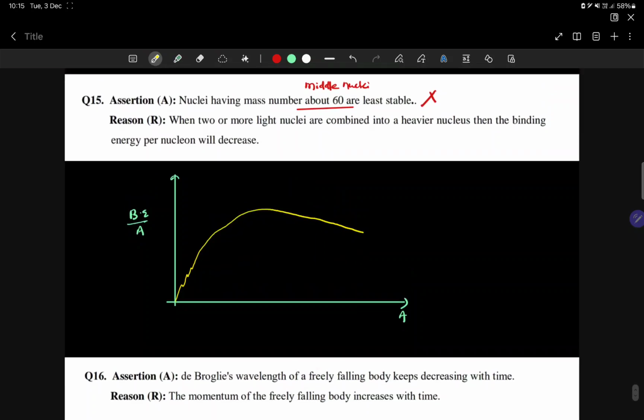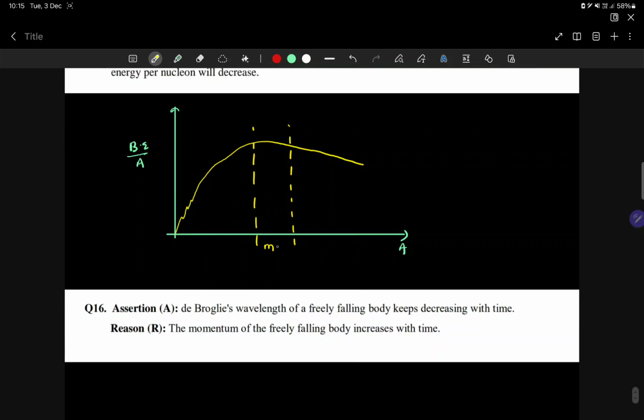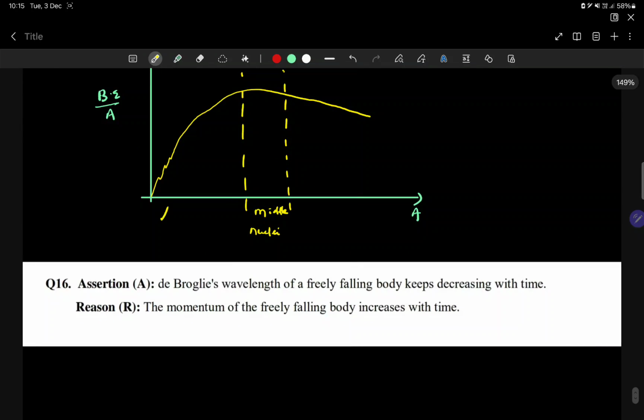This represents our middle nuclei, this is for lighter nuclei, and this is for heavier nuclei.